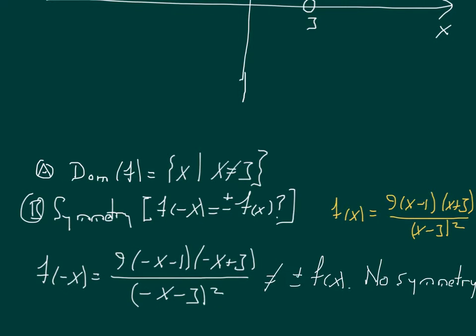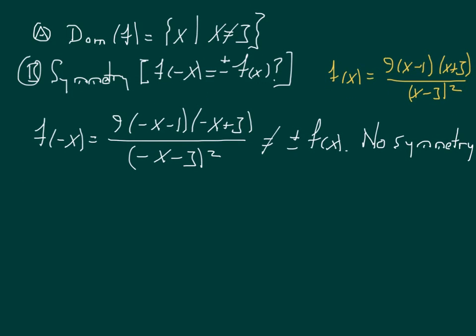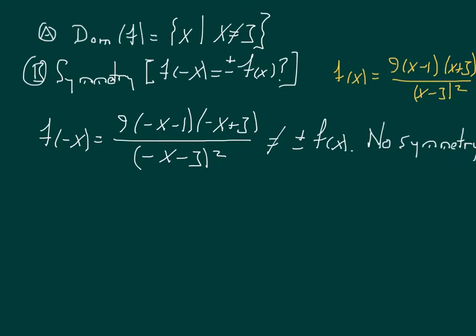All right, so next thing we want to think about is C. We usually look for intercepts. That's an easy thing to do. All right, so we'll look for intercepts. First thing we'll look for are y-intercepts.